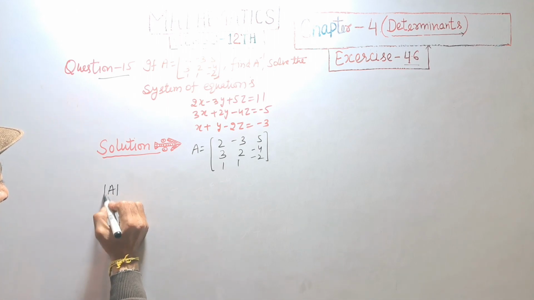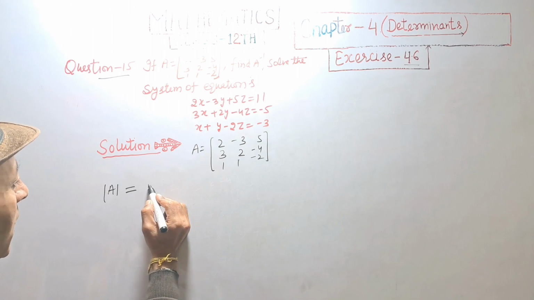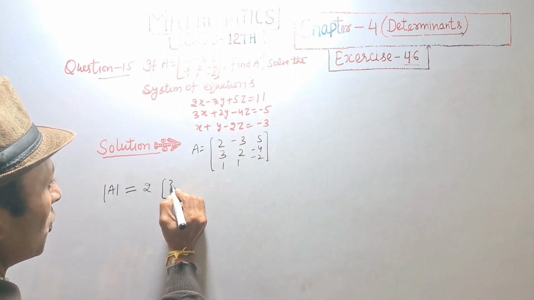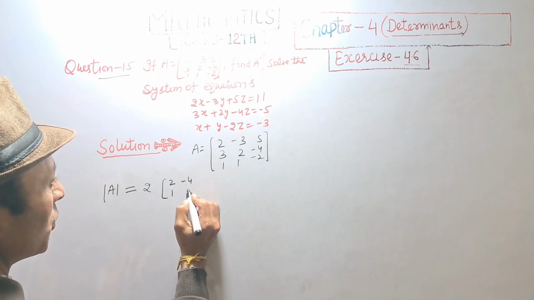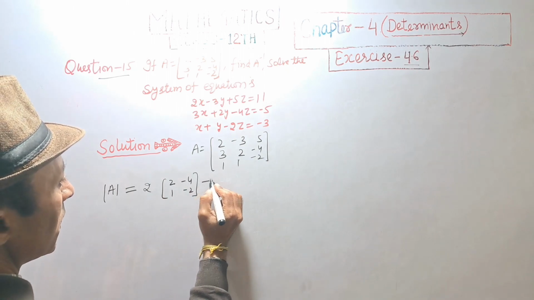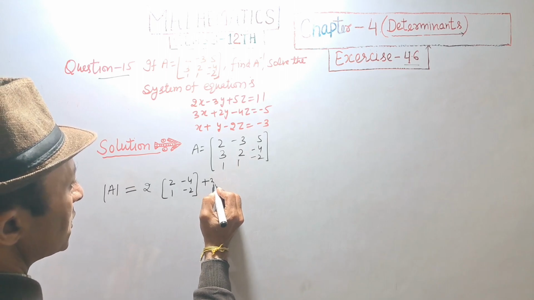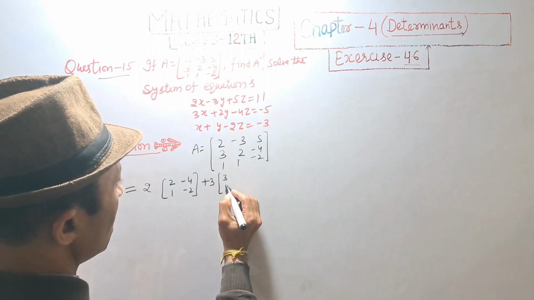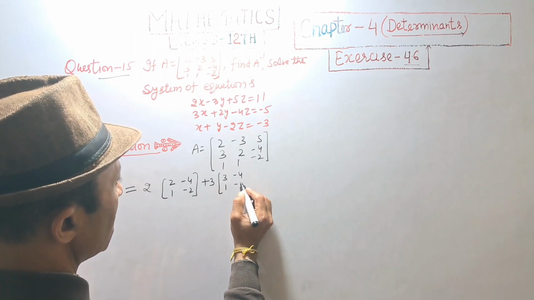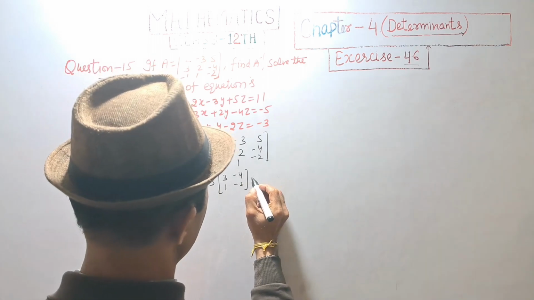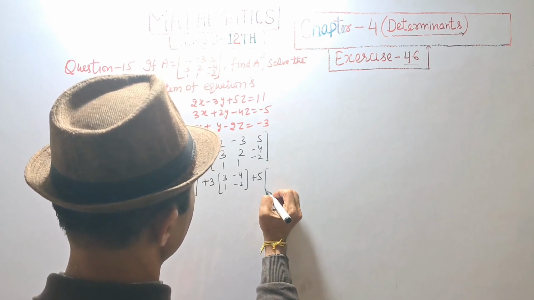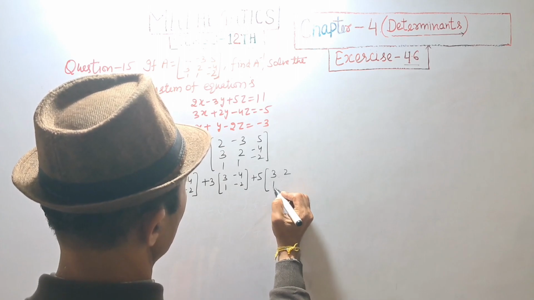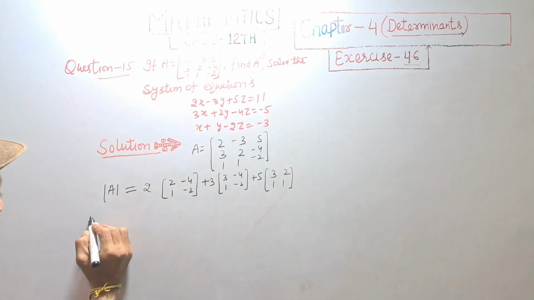We find the determinant of A. The determinant is equal to 2 times the minor of the first row, first column, which is (2, -4; 1, -2), and then positive 3 times the minor of the first row, second column, (3, -4; 1, -2), plus 5 times the minor of the first row, third column, (3, 2; 1, 1).